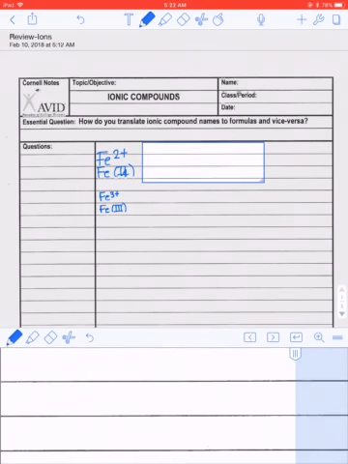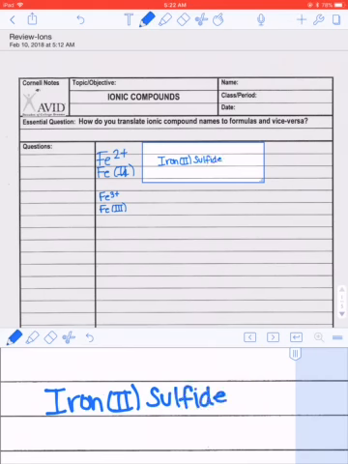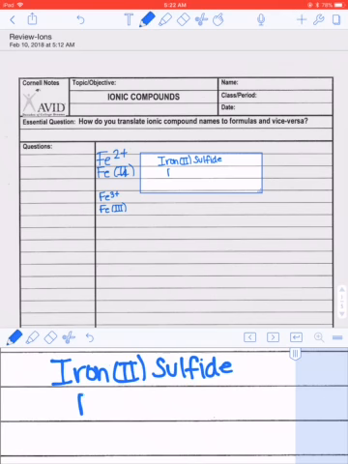So let's say we had iron 2 sulfide. Okay. So that would be your Fe 2 plus and your S 2 minus.